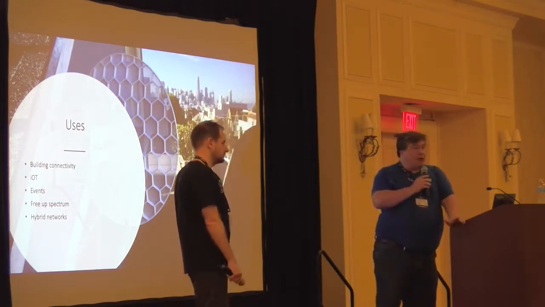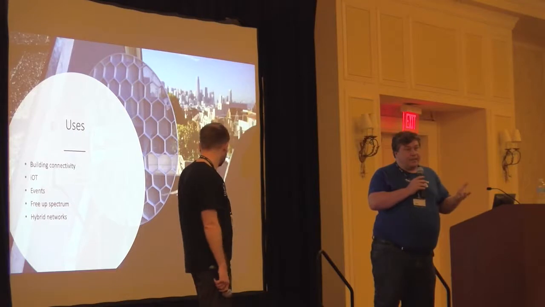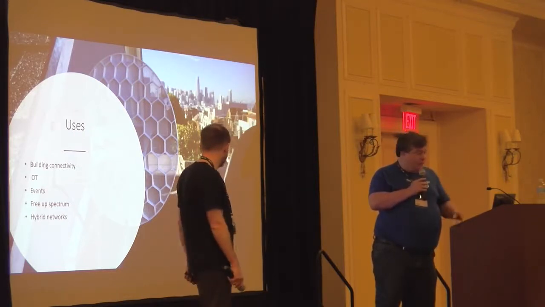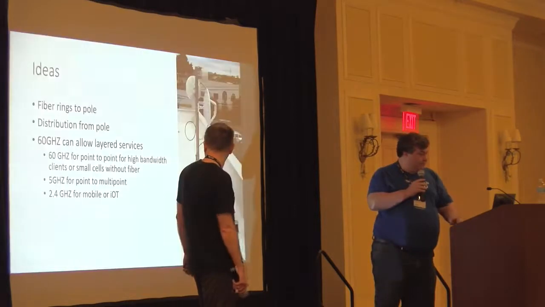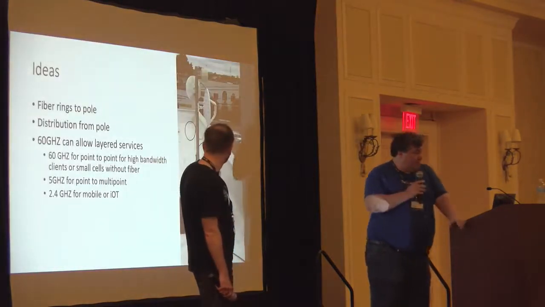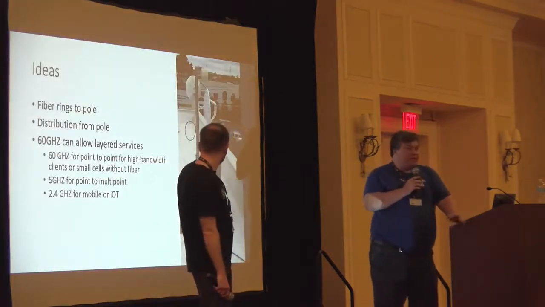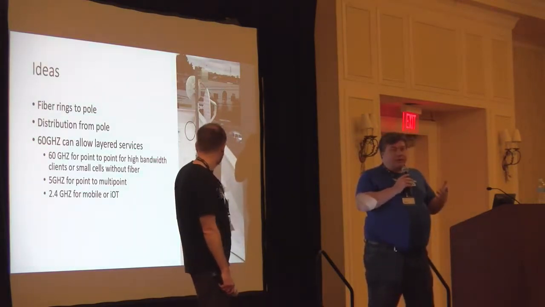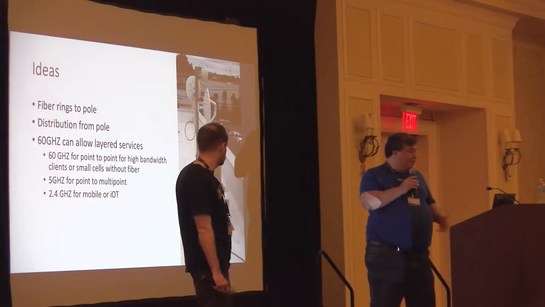We're seeing more and more hybrid networks: 60 gigahertz on a pole, fiber fed, and then you're distributing it out from there. We can allow layered services using 60 gigahertz. 60 gigahertz point to point for high bandwidth.